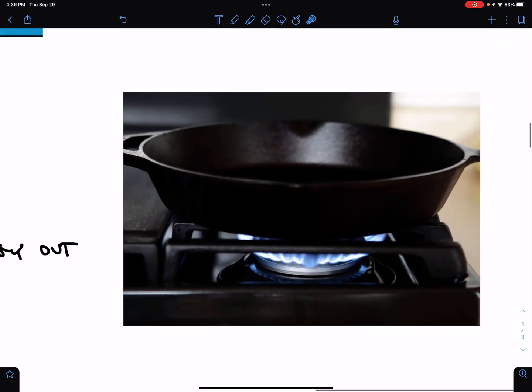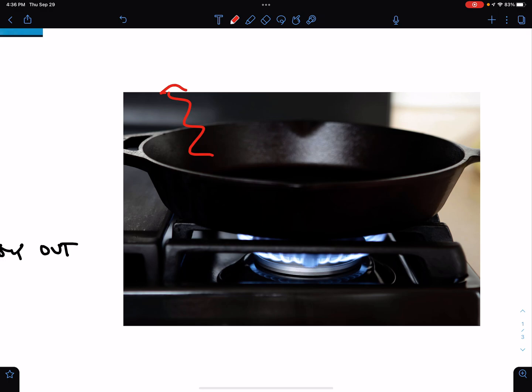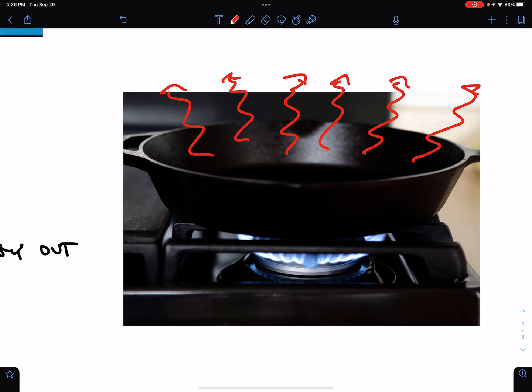It's going to stop heating up when the energy that the pan is emitting is equal to the energy put in by the stove. So the pan is going to reach a steady state in which the energy supplied by the stove is equal to the energy that is shed off by the pan.